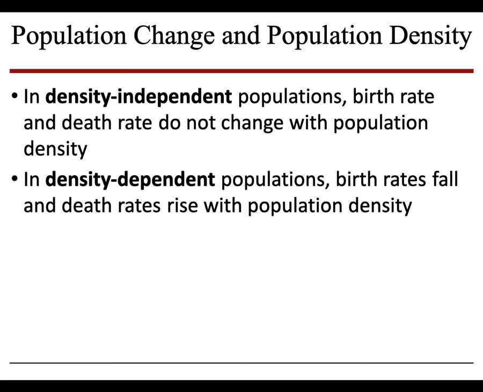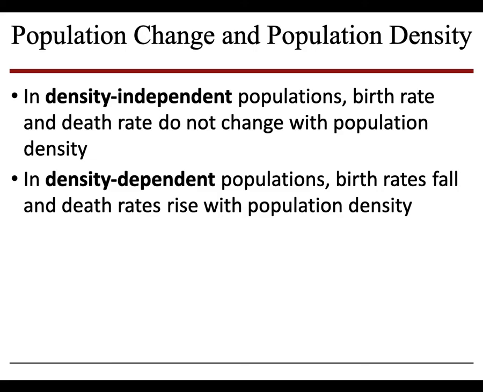Now, there's two types of ways in which populations can be impacted by changes in ecosystems, and we call these density-independent populations and density-dependent populations.